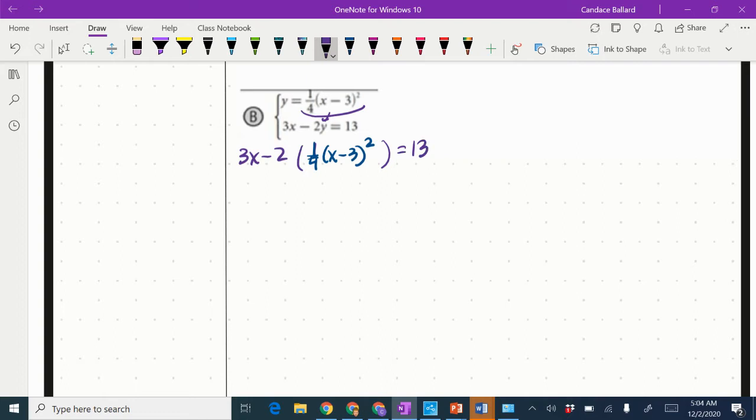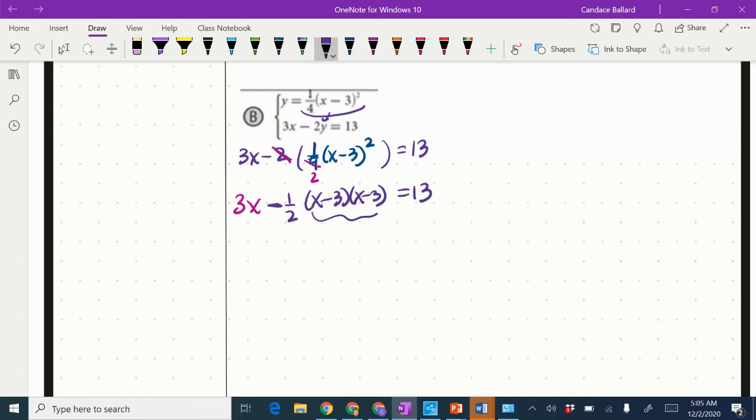The first thing I notice is that 2 is going to go into 4 twice. So I'm going to keep writing down 3x minus 1/2. And then I know that this squared means I need to write it twice. So 3x minus 3 times x minus 3 equals 13.